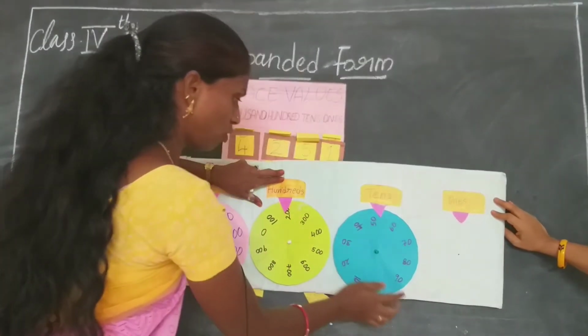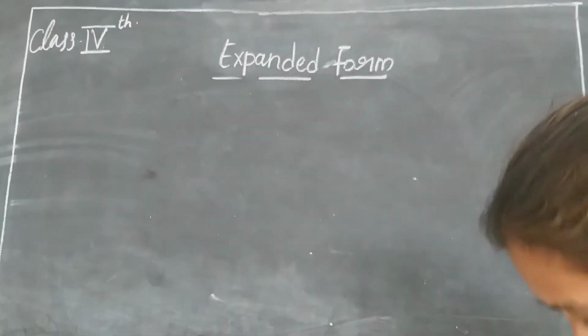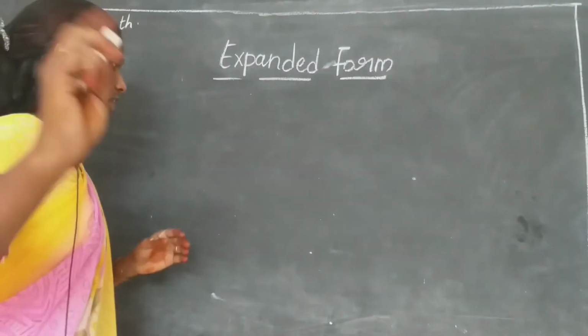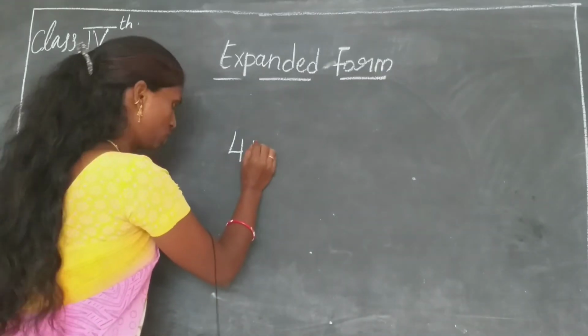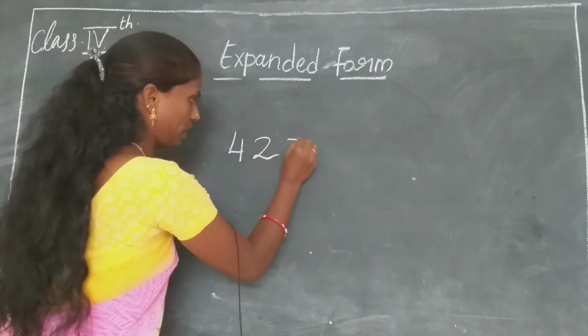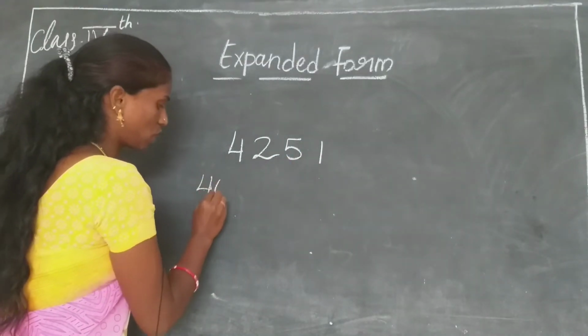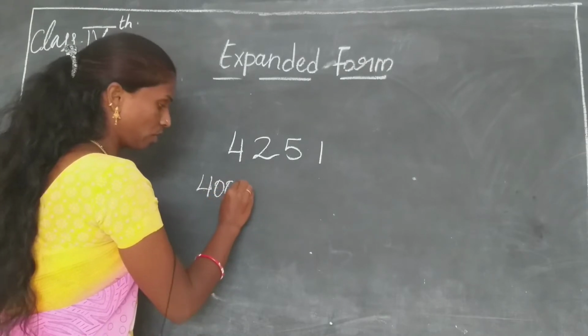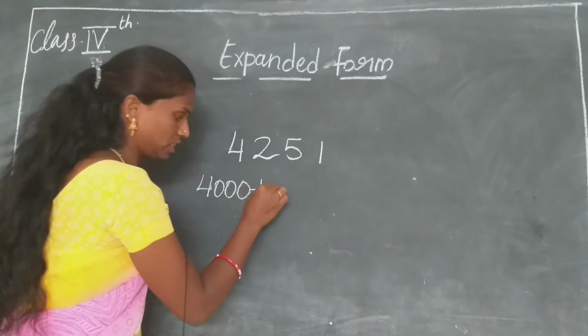So the expanded form of the number which we have taken, 4251, is 4000. What do we have to do after that? We have to use the addition sign. Why?